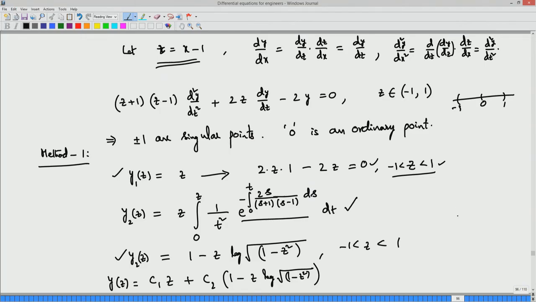For example, x is z plus 1, and 2 minus x is 1 plus 1 minus x, so that is 1 minus z. So, we have 1 minus z square. So, this is what we have, correct.